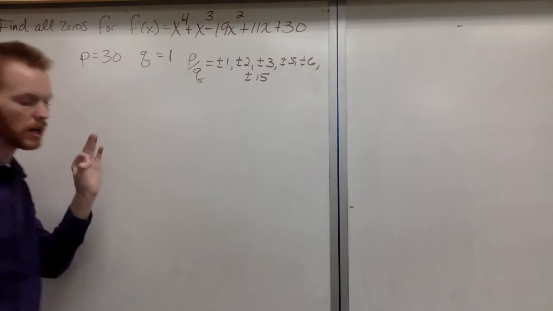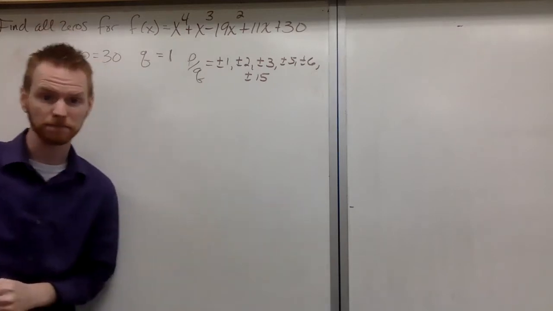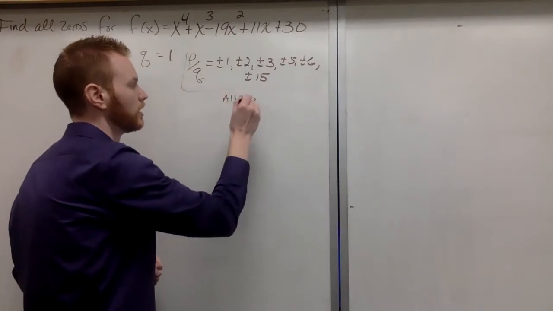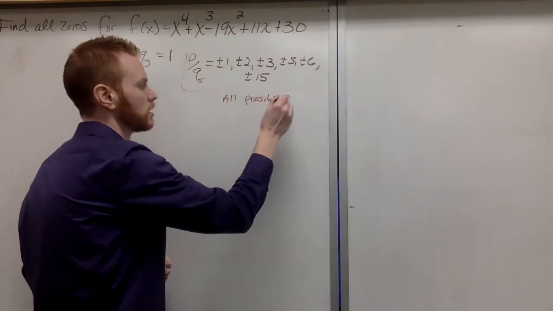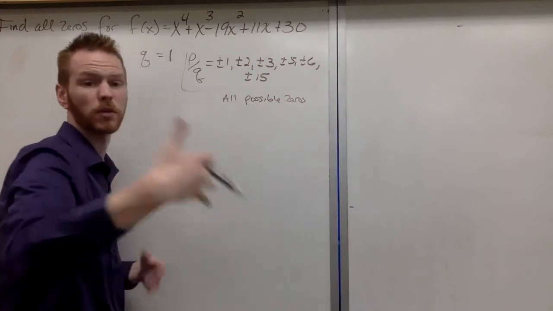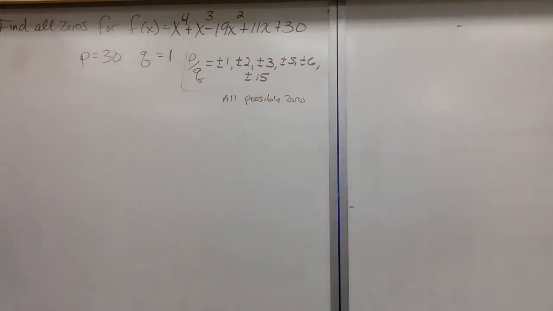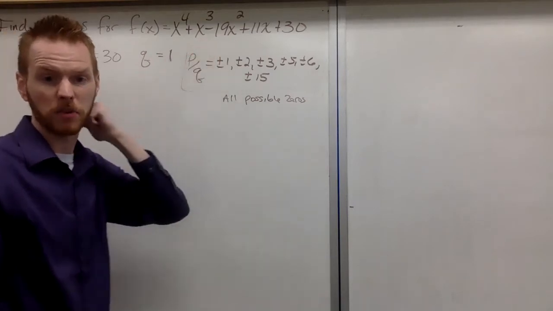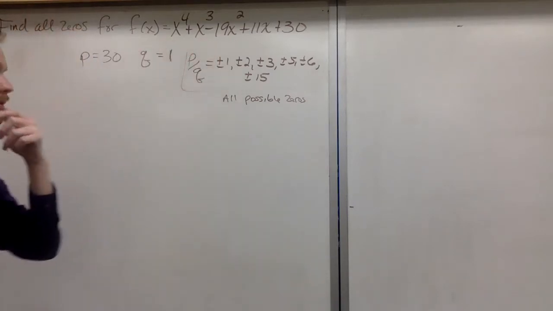That's why we have a positive negative sign next to each one. So these are all possible zeros, which is another word for solutions. In other words, what makes this 0 when I plug those numbers in? Which one of these numbers makes that 0?